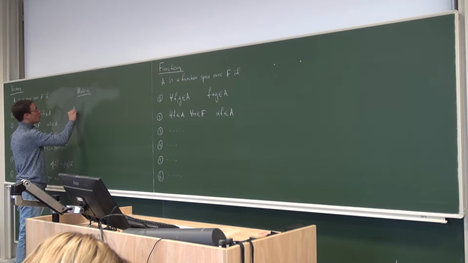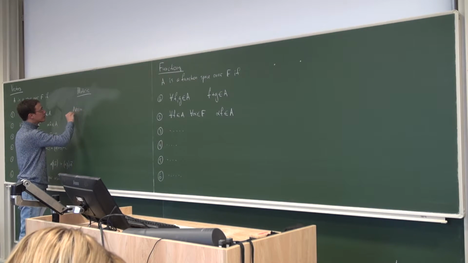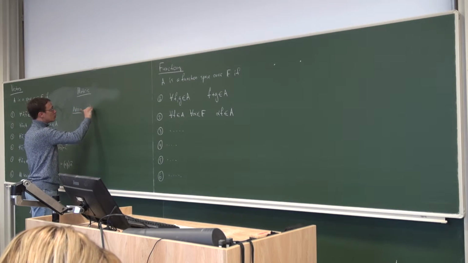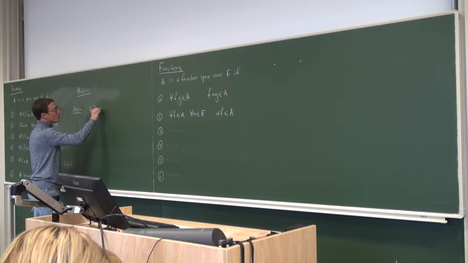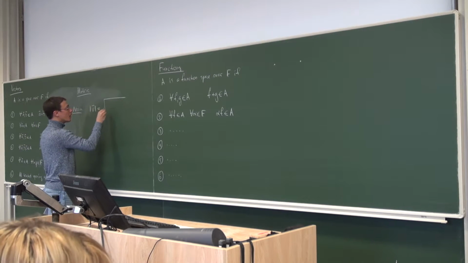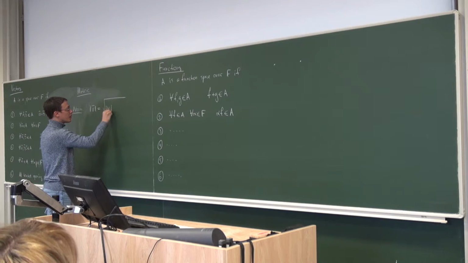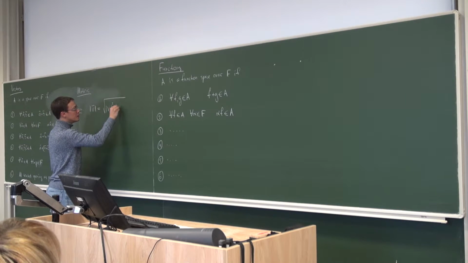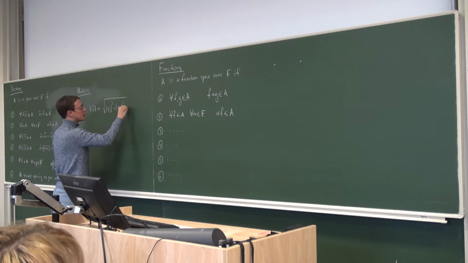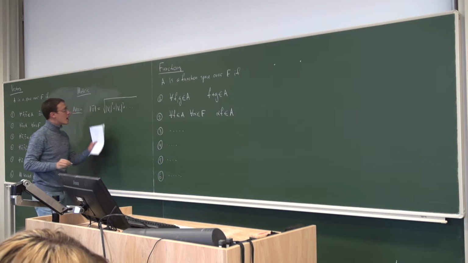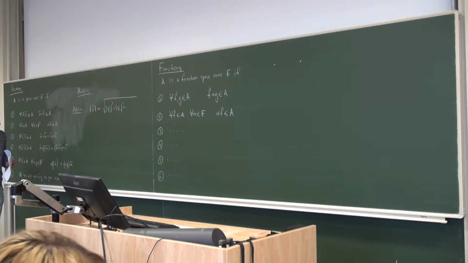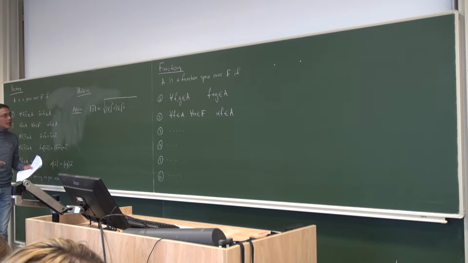We have there a norm, and the norm of a vector was the square root of |v1| squared plus |v2| squared, and so on, where v1, v2, and so on are the elements of that vector.